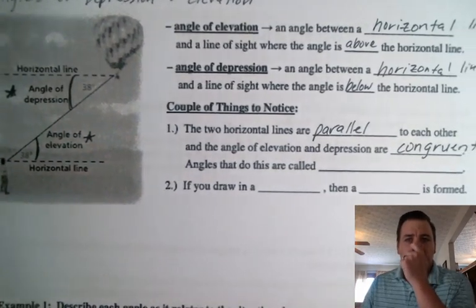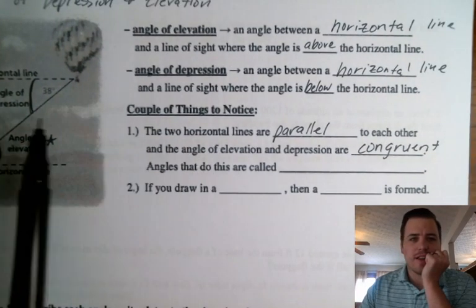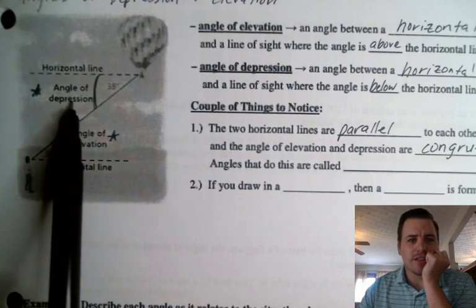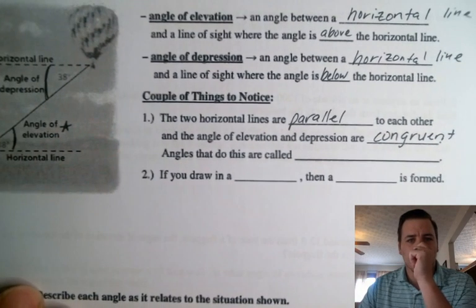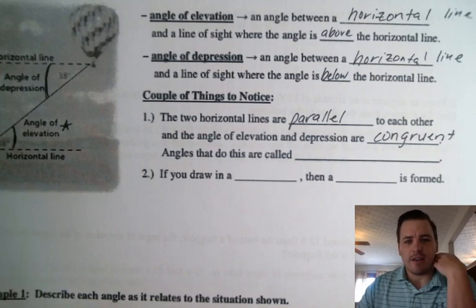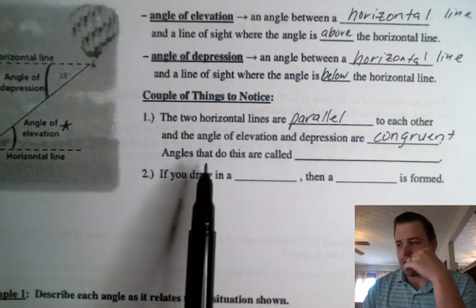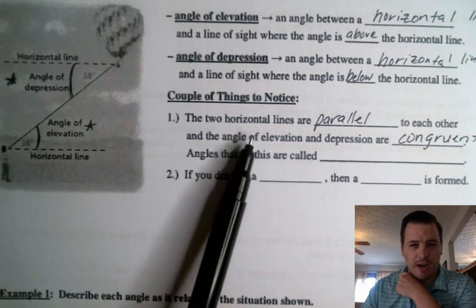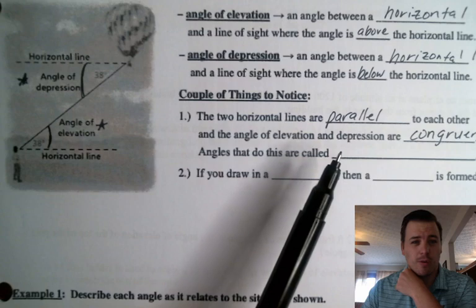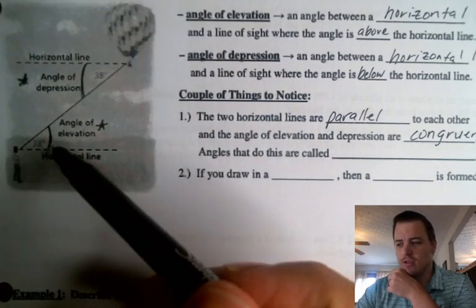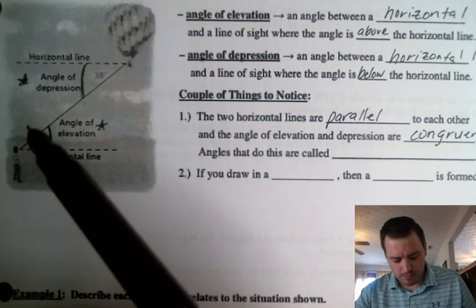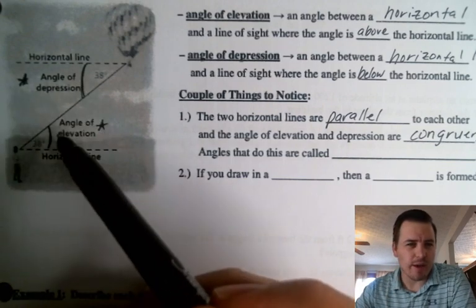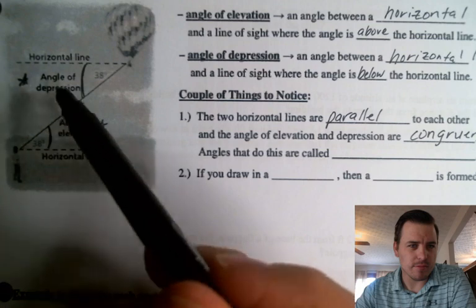All right, so the two horizontal lines are parallel, and the angle of elevation and the angle of depression are congruent. Angles that do this are congruent angles, and angles that do this are called what? Does anybody remember this from geometry or algebra or middle school math? What would these two angles right here be called?